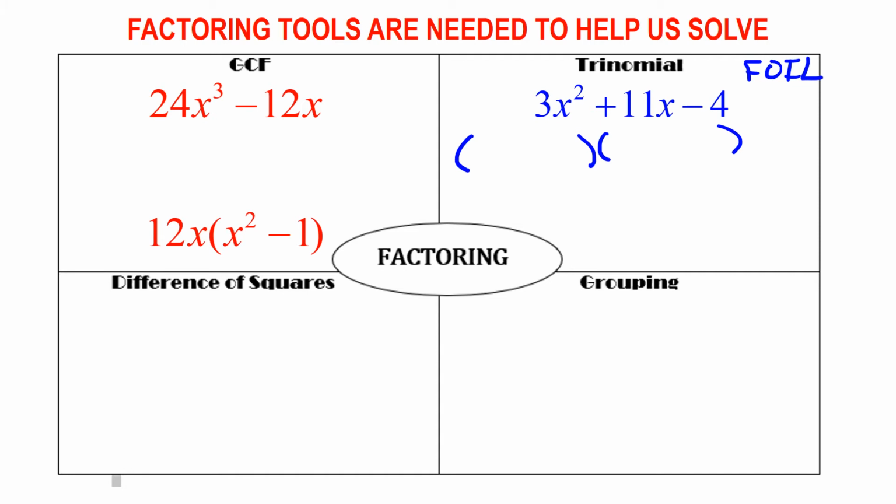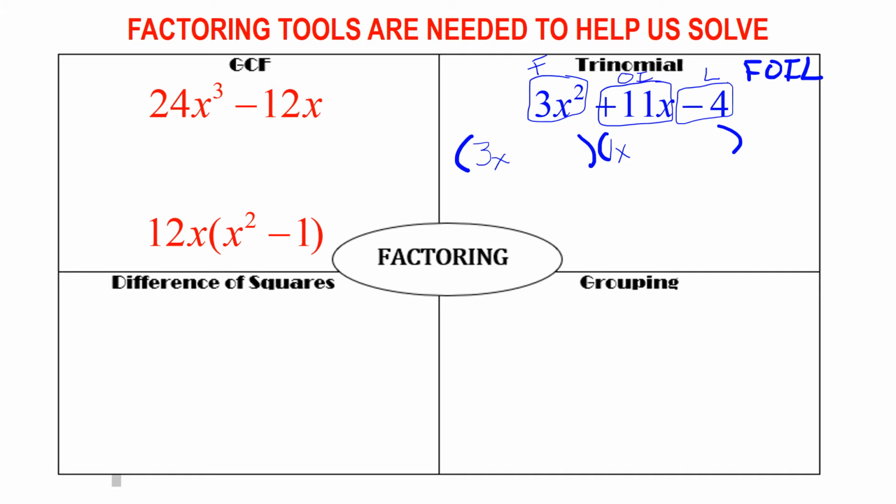We asked ourselves, what times what gets me to a 3x squared? That's my first times my first. So we know it's 3x and a 1x, because those two multiplied together get back to a 3x squared. Then we have to ask ourselves, what two numbers multiply to negative 4, but also add to 11x.